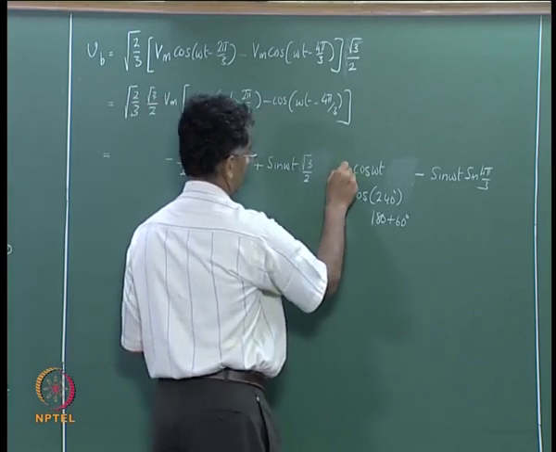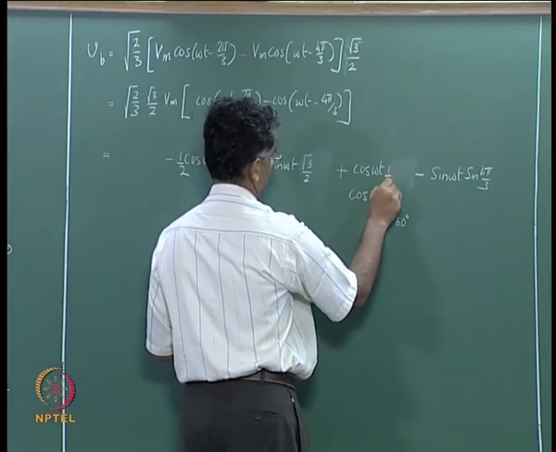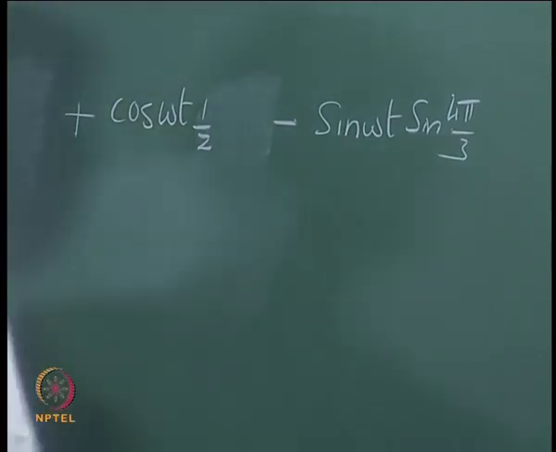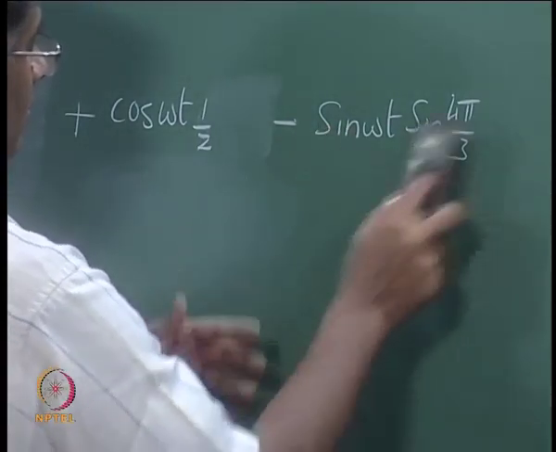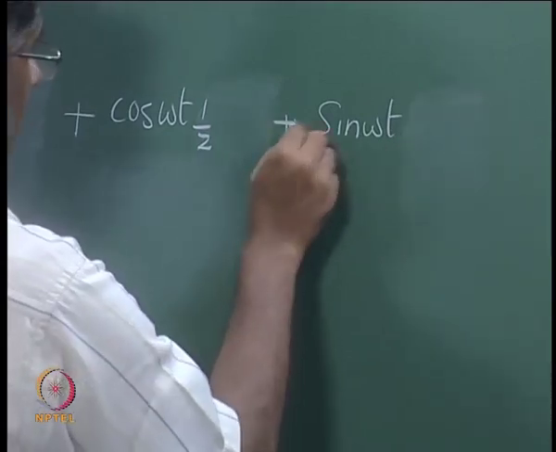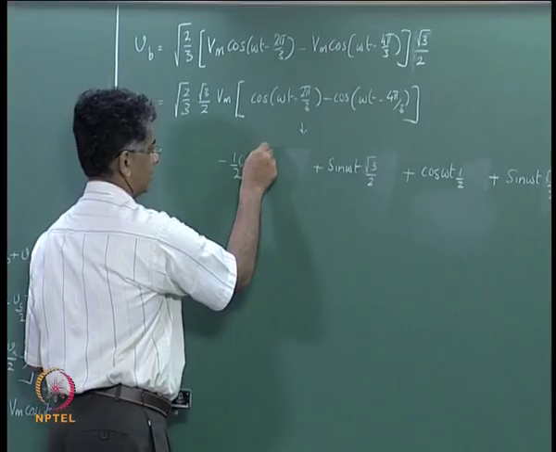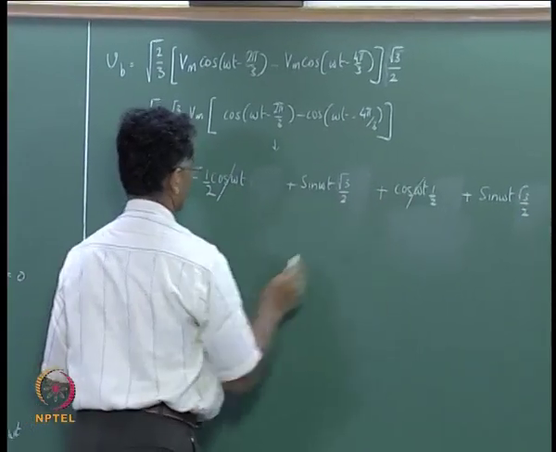So, that is plus half, and then this is again plus root 3 by 2, and therefore what you can see is this term and this term cancels.